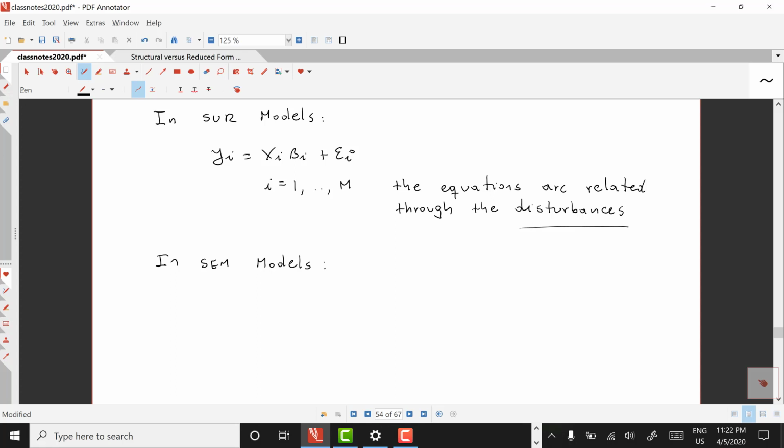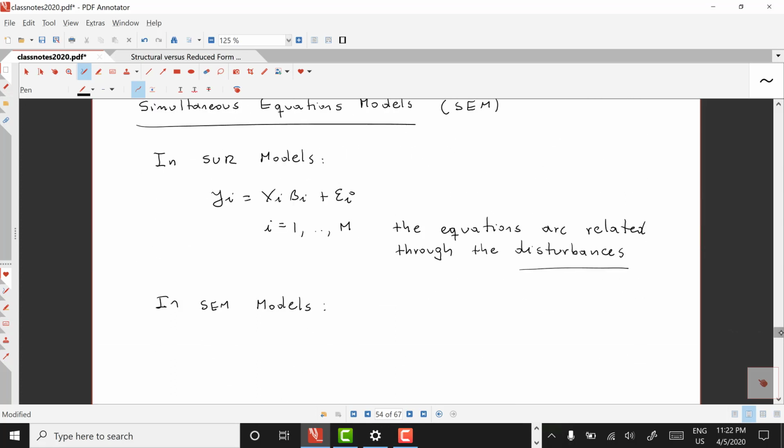So in simultaneous equation models, the dependent variable in one equation is also going to be the explanatory variable in another equation, and so on and so forth. That's where the simultaneity comes from and what gives them their name, because some of the dependent variables in one equation can be explanatory variables in another equation within the system of equations. Okay, so let me write that down.